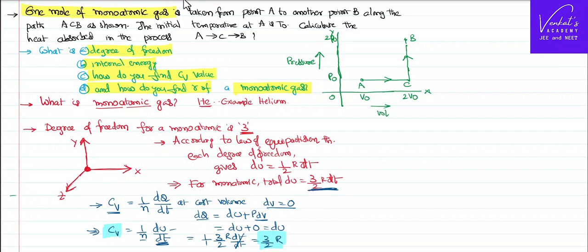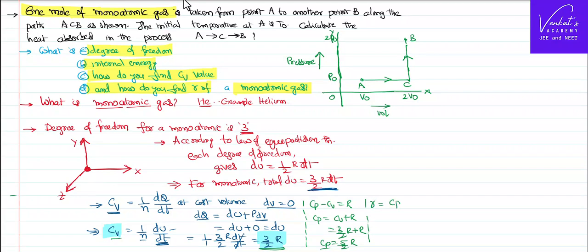In continuation to this, once we know CV, we know Cp minus Cv equals R. Cp is Cv plus R. But I found Cv as 3 by 2 times R. One more R is there, so 5 by 2 times R is Cp. So I got Cp and I got Cv.